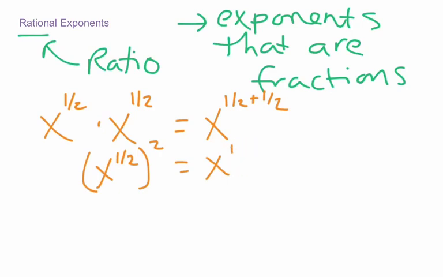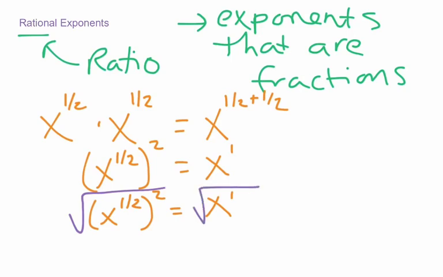But I want to do something a little bit different. How do I undo squaring? We undo squaring by taking a square root. I am going to recopy this just for a little bit of clarity. I'm going to undo this squaring by taking a square root. The golden rule of algebra says that whatever you do to the left side, you have to do to the right side.